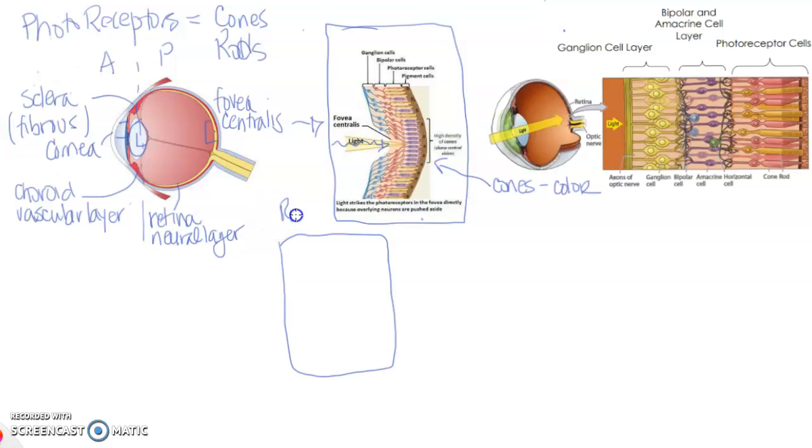So we'll call this a rod, okay? And light comes in on yellow. So light comes in to the cell, the rod cell, okay? And when it comes into a rod cell, it comes into contact with something called rhodopsin.